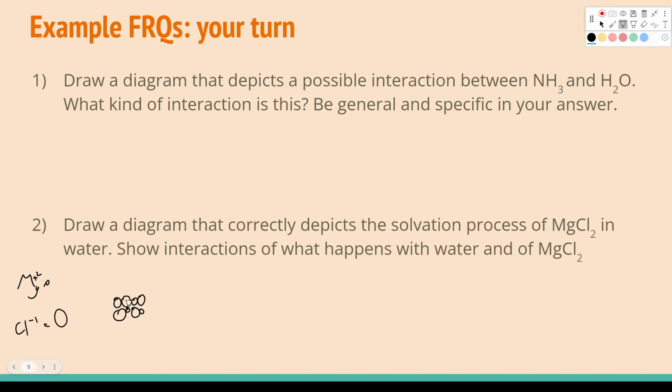Draw it better than me. And so we have that versus the water. I'm going to put water over here. So we're going to make water just like that. Cool. Then we got our little hydrogen bond over there. We have our ionic bonds here. So they're going to break apart so we can have our small guys and our big guys.